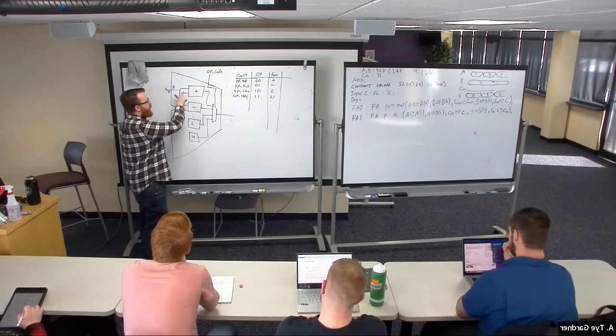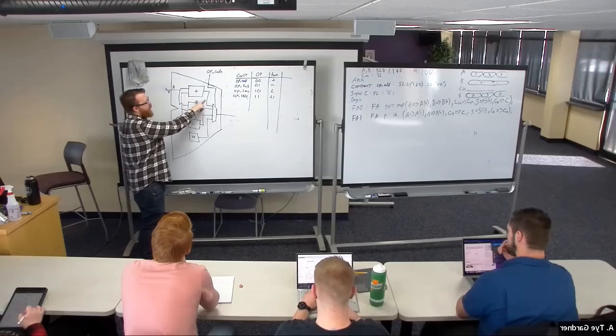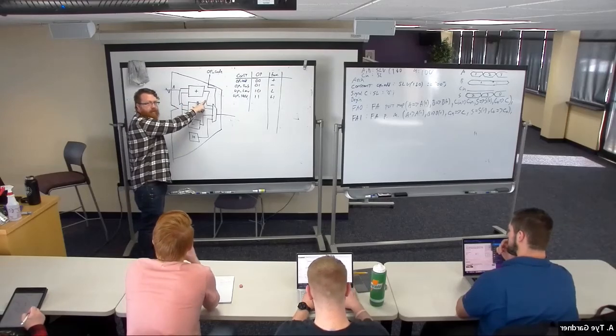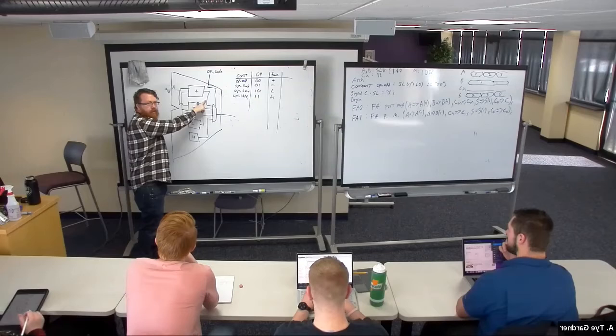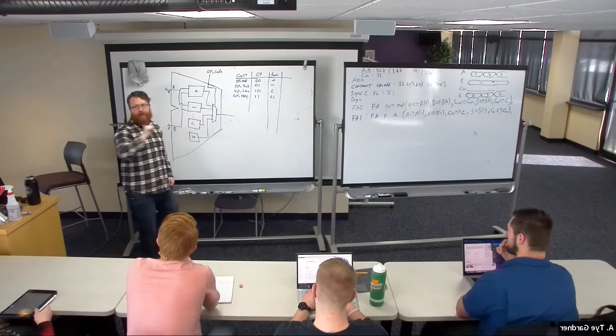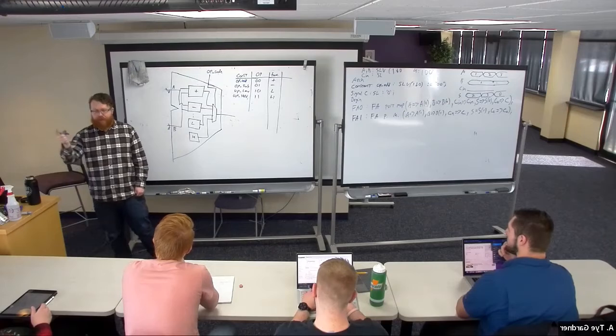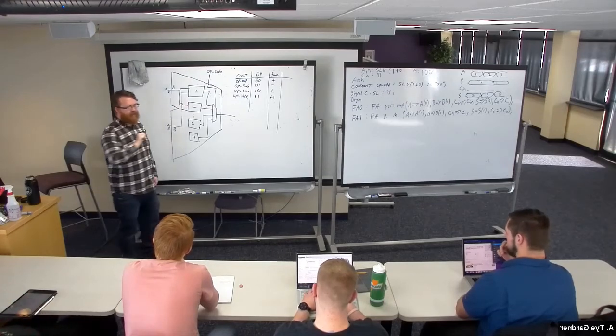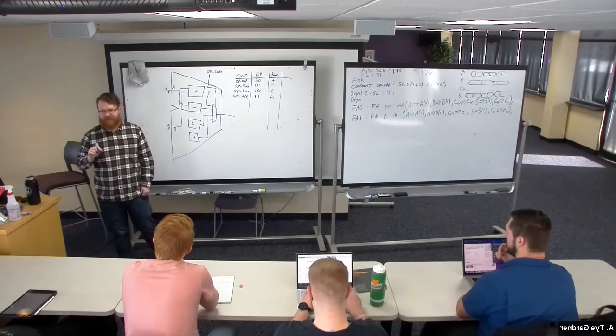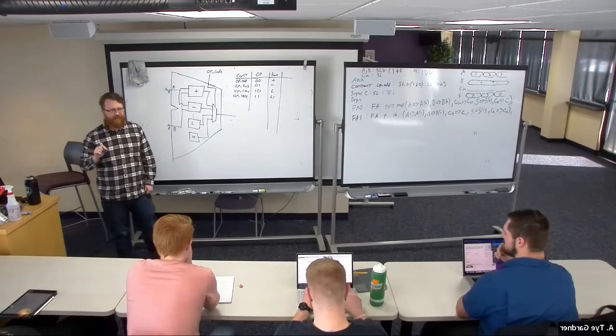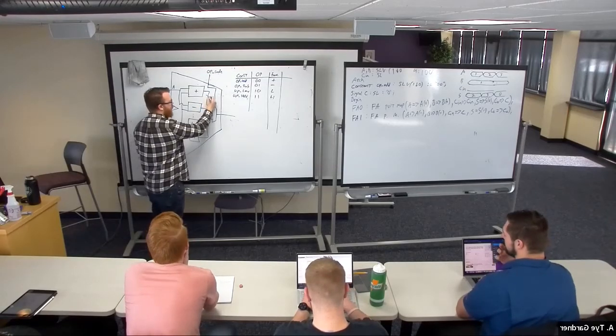And if I'm adding 2 8-bit numbers together, how many bits is this going to be? If I add 2-bit numbers together, how many bits is my sum? 3 bits. So if I add 2 8-bit numbers together, how many bits is my sum? 9. Right?